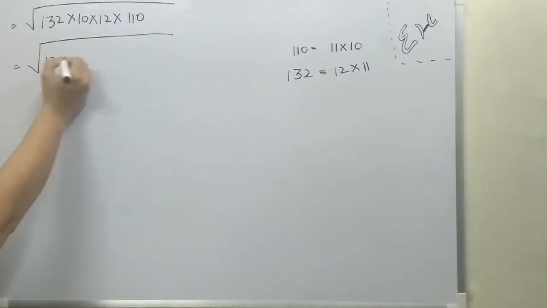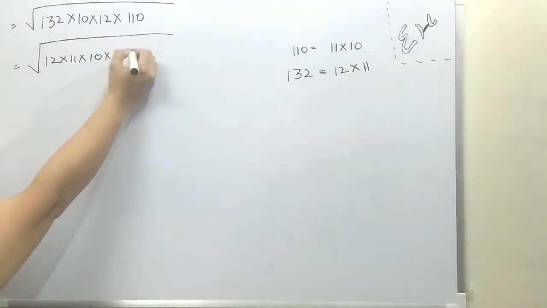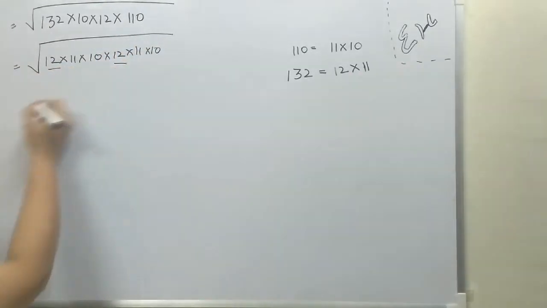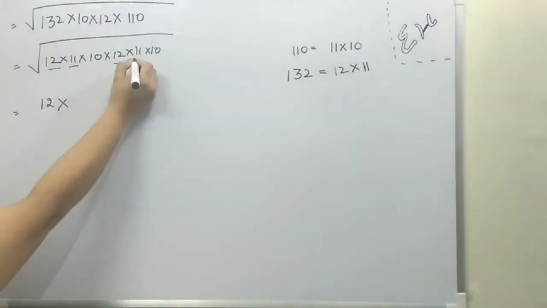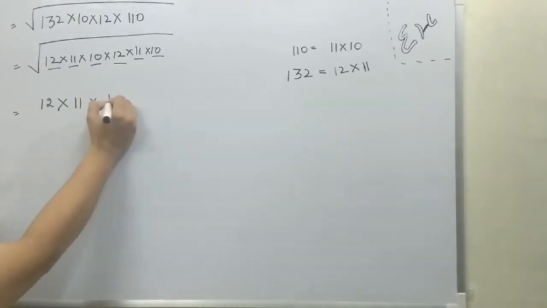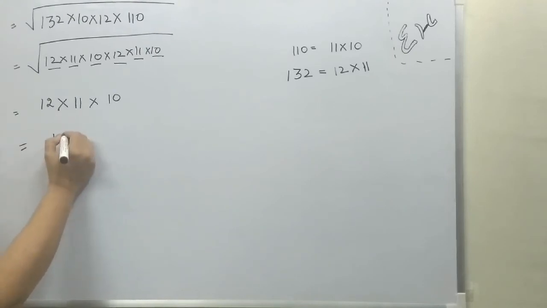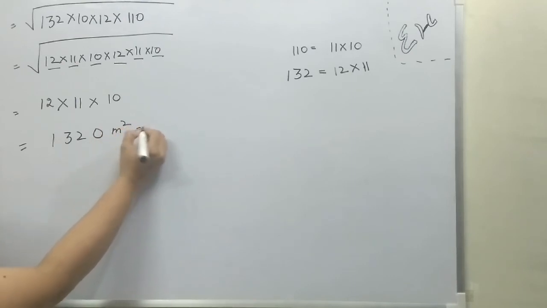Now you will get 12 into 11 into 10 into 12 into 11 into 10. Now you get 2 twelves, that means 12 outside. 2 elevens, 11 outside, 2 tens, that means 10. That will give you 12 into 11 is 132 and 0, 1320 meter square.